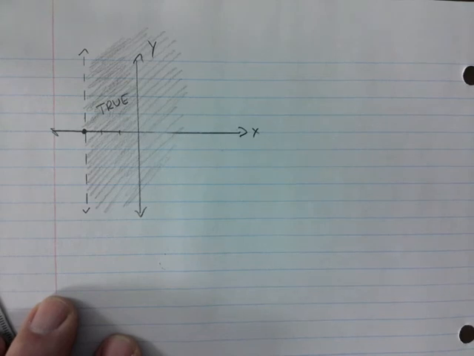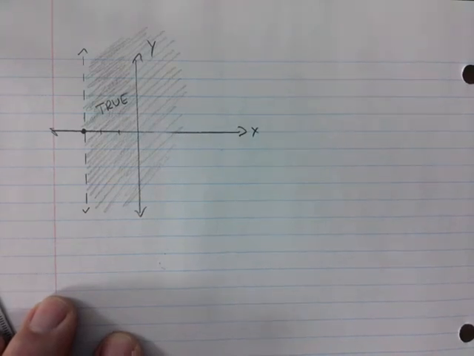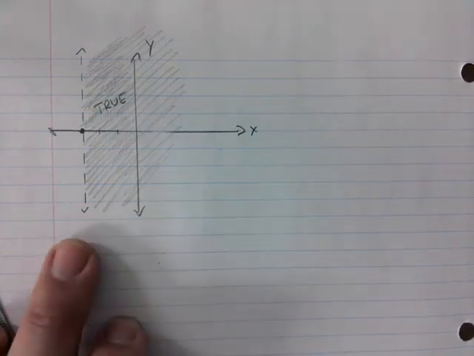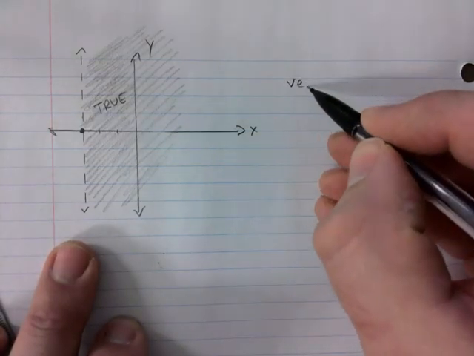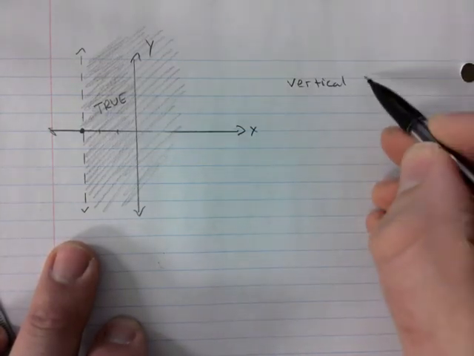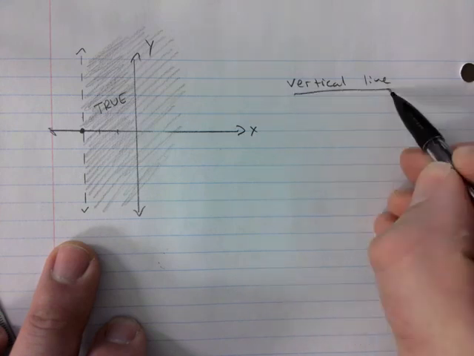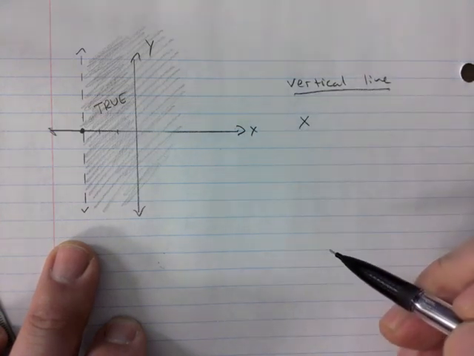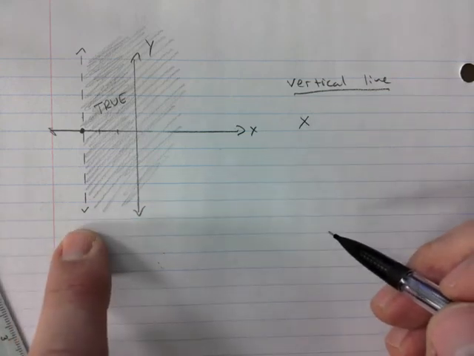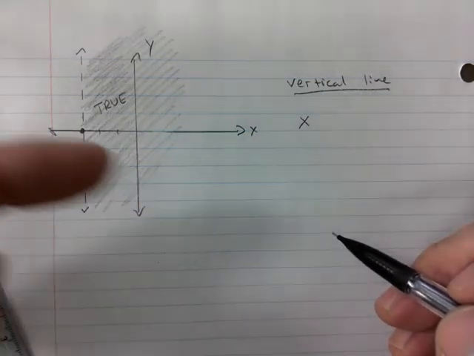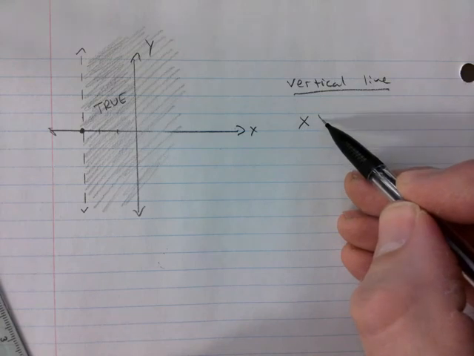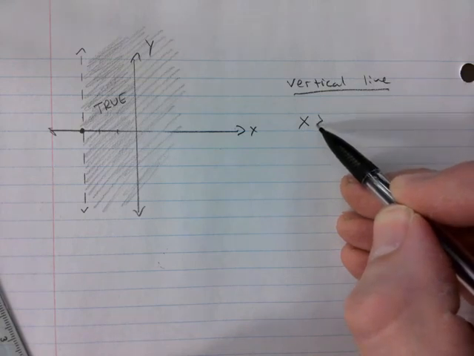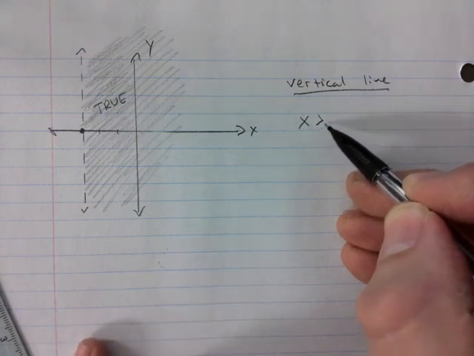So graphs like these, you have to kind of just be aware, right? This is a vertical line. Okay. So you know it's going to be x. The true region is to the right. So it has to be greater than. And then you have to ask yourself, is it solid or dashed? So if it's solid, you would add the equal sign.